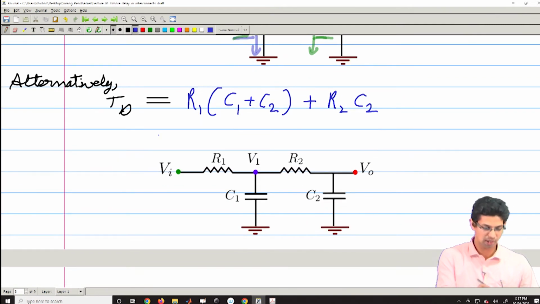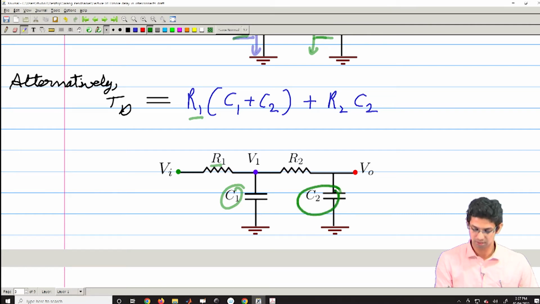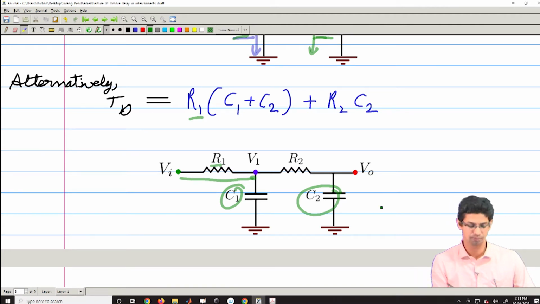Now your base is the resistor. This resistor charges both these capacitors. So, when you go from this point to this point, your resistor is charging C1 and C2. It is charging all the subsequent capacitors which are there.